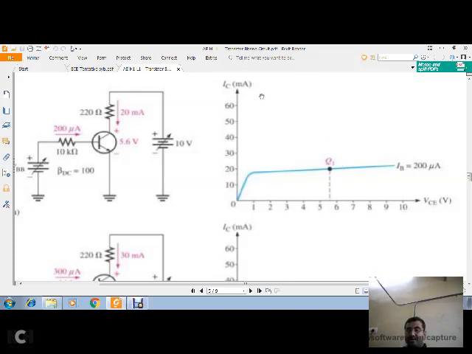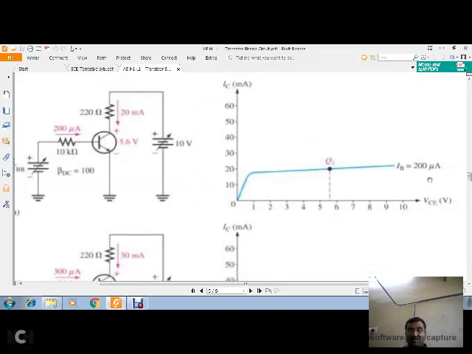These are experimental results, or you can have a graphical approach for this. This is a Q point, and you can see 20 milliamperes of IC you get for a particular value of VCE. So this is the Q point, and IB is equal to 200 microamperes.